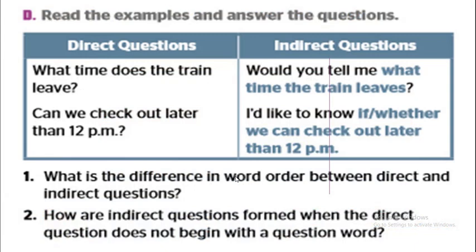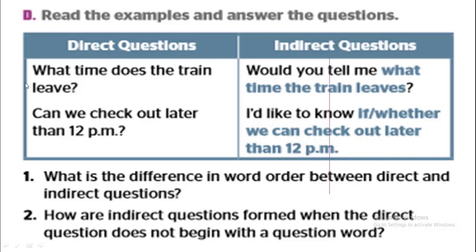Read the examples and answer the questions. The questions are, what is the difference in word order between direct and indirect questions? And the second question is, how are indirect questions formed when the direct question does not begin with a question word?